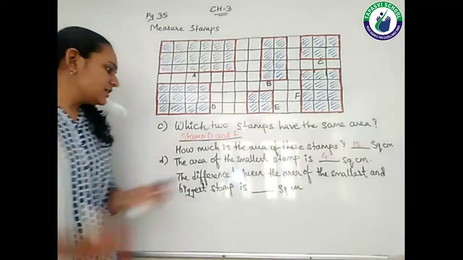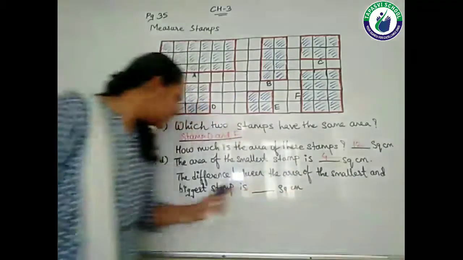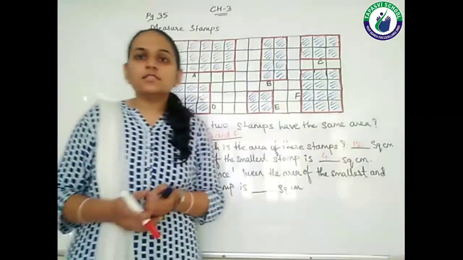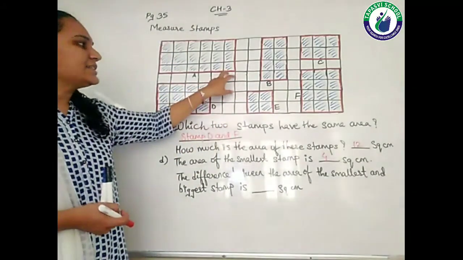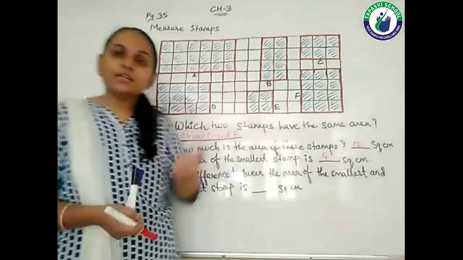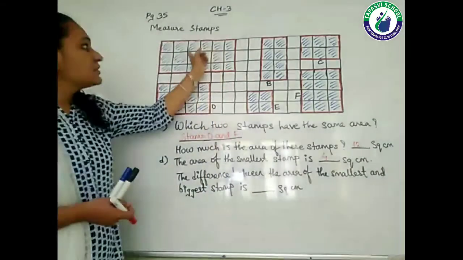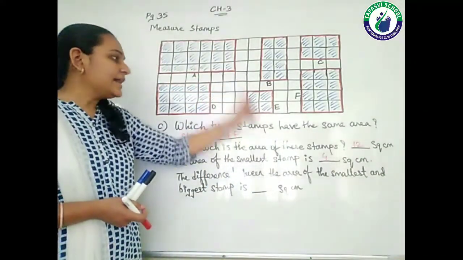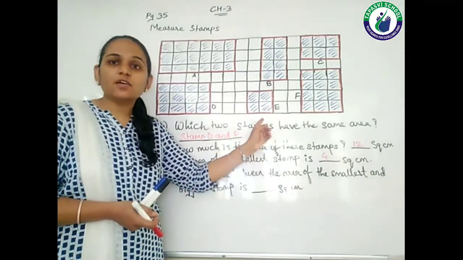Next one is the difference between the area of the smallest and the biggest stamp. See students, a few minutes ago we have seen that stamp A is having more area. So how much is the area of stamp A? Students, that is 6 into 3, 18. And stamp E is having how much area? 4.